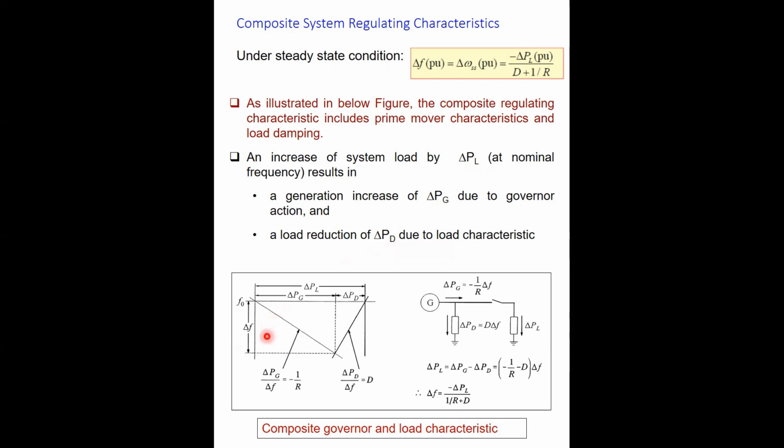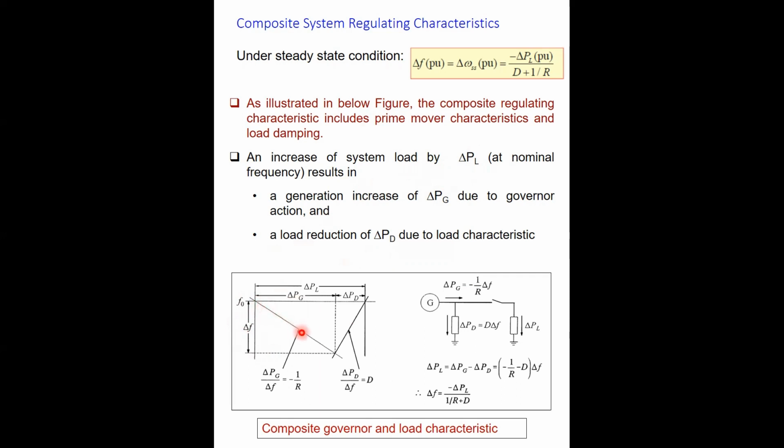So what is different here? Because of the load increase, this is the initial, that means the nominal frequency here, and when you have increased load, so the frequency will dip. So that's the dip in the frequency, that means this one, delta F here, frequency drop.